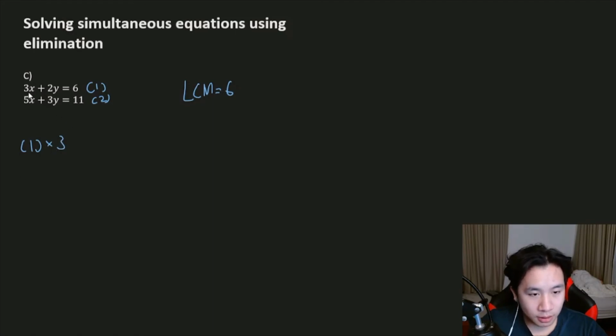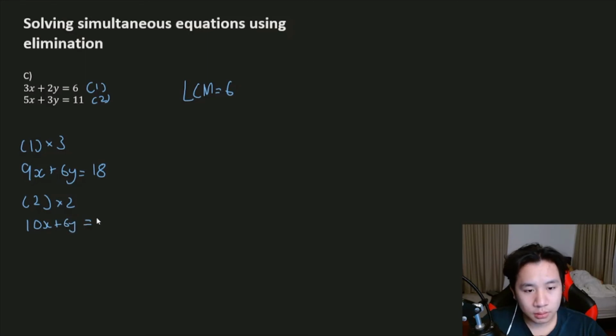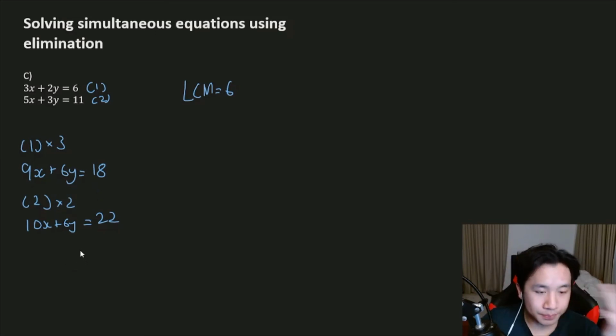So multiplying everything by 3, we get 9x plus 6y is equal to 18. And then you multiply the second one by 2. So we have 10x plus 6y is equal to 22. And you see that these both have 6y, which you can use to eliminate.